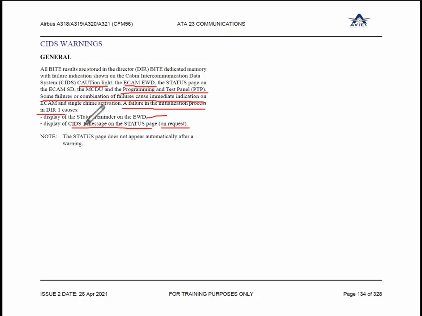Then it will come back again when the aircraft is on the ground. It means it is a class 2 maintenance status message. It will not disturb the cabin crew or the pilot. It will be available on the status page, but the status page will not be shown to the captain because you have to call this page manually.